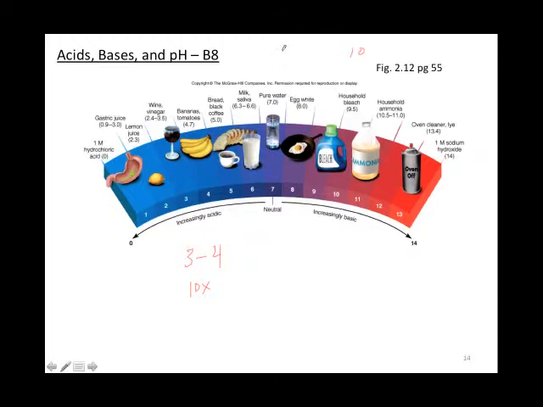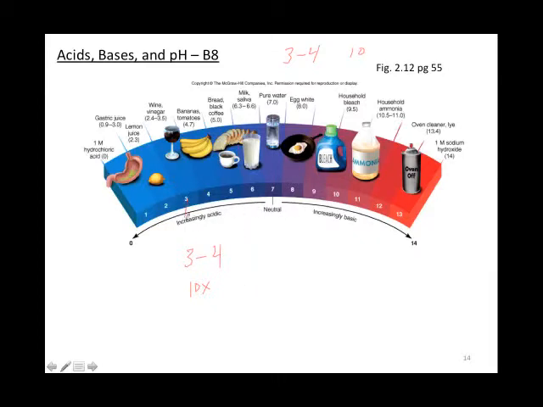When you compare that to an earthquake that is a 3 on the Richter scale, it's very weak. But from 3 to 4 on the Richter scale, a 4 is 10 times as strong as an earthquake that was a 3. In the case of pH, of course the numbers go backwards, a pH of 3 is 10 times more acidic than something of pH of 4. We could also say that in reverse, that a pH of 4 is 10 times less acidic than something of pH of 3.